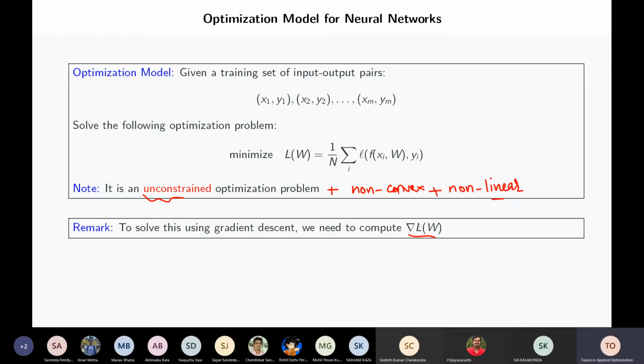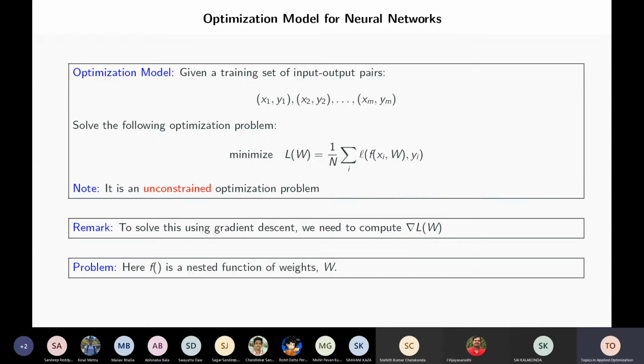So we may apply the usual gradient descent method, and for that we need to compute the gradient. The problem while computing the gradient is that it involves the f function, which is the neural network, and it's a nested function. So it's activation, then a linear combination, then activation, and so on. There is a lot of nesting happening there, and within this nesting you have weights distributed.